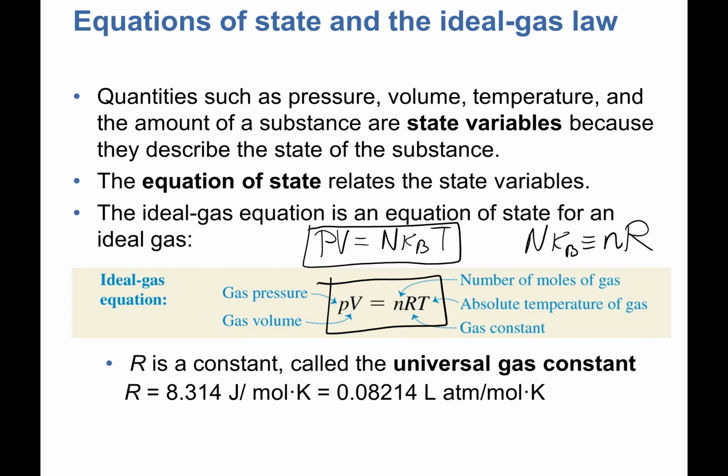Generally, R is 8.314 joules per mole Kelvin, or 0.08214 liters times atmosphere per mole per Kelvin. You use this value for the gas constant R if your pressure is in Pascal and volume in cubic meters. And you use the other value for R if your pressure is in atmosphere and volume in liters.